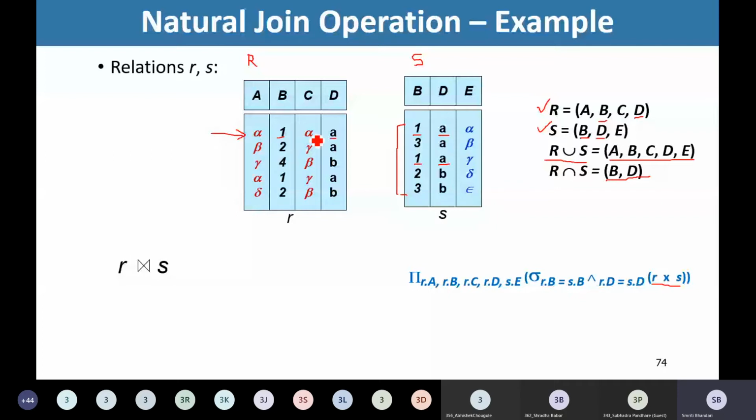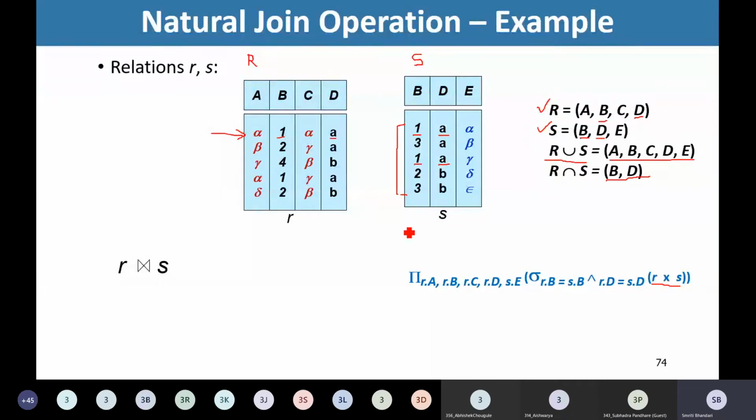So in cross product, I'll have alpha 1 alpha A with each of the 5 tuples of S, as I stated.